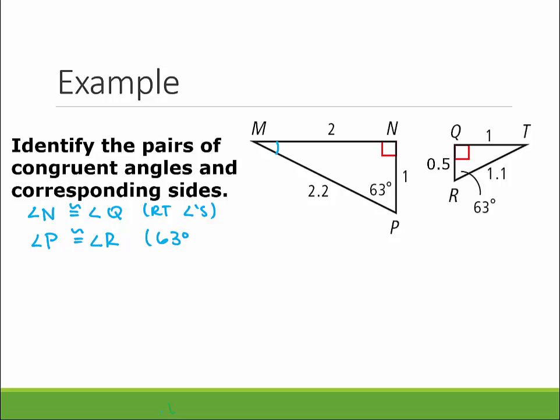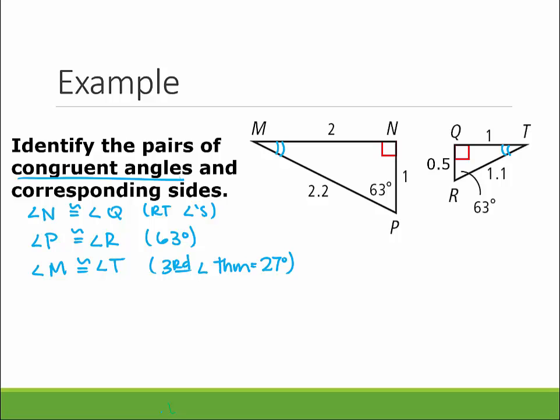Remember, that means the third angle theorem determines what these last two angles are. So they have to be congruent. Angle N has to be the same as angle T by the third angle theorem. And if you did that, you would get that they were both 27 degrees. So we have the first condition down. Our congruent angles match up with all the angles in this triangle.